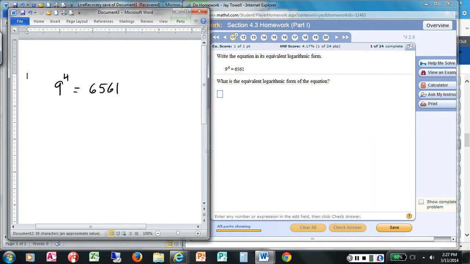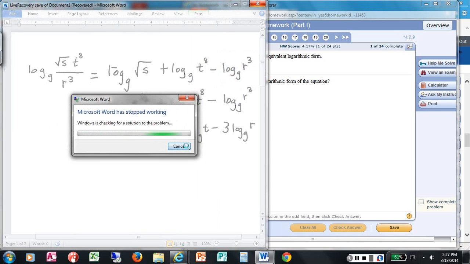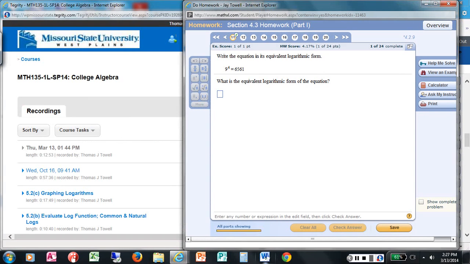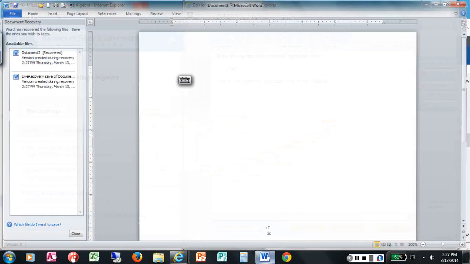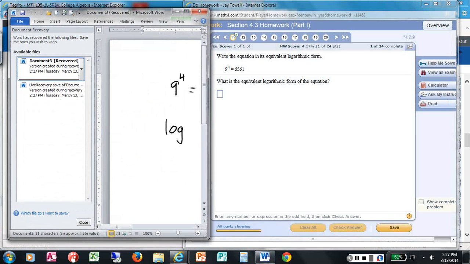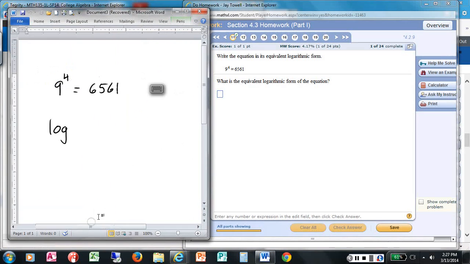Yes. Okay, so we know the conversion is we have a logarithm, and the base of the logarithm is the same as the base of the exponential, so it'd be log base 9. So we have log base 9.